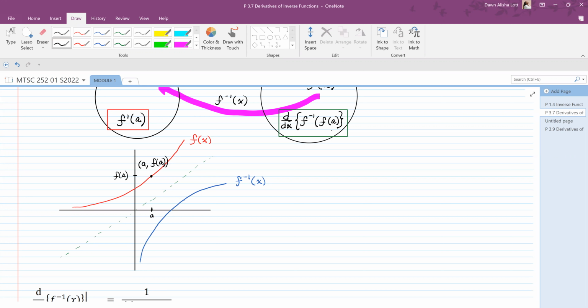Well, this point over here is going to be the point f of A, A. Remember, we switch y and x. So this one says find f of A, and then find A. Okay, so this is the value. So here's f of A. And again, here's A.